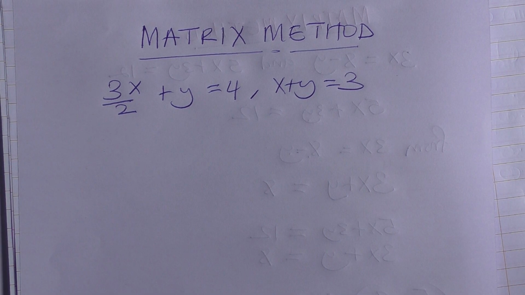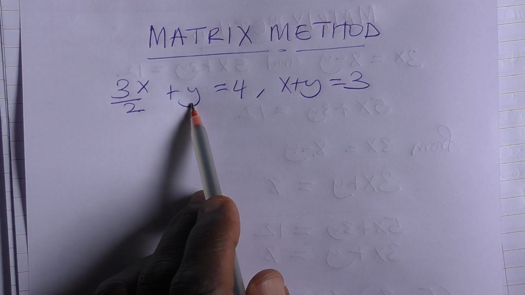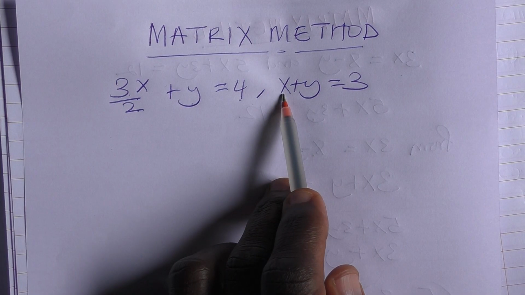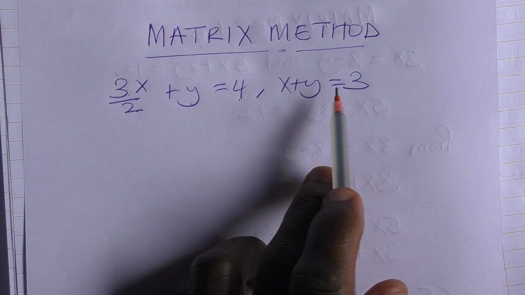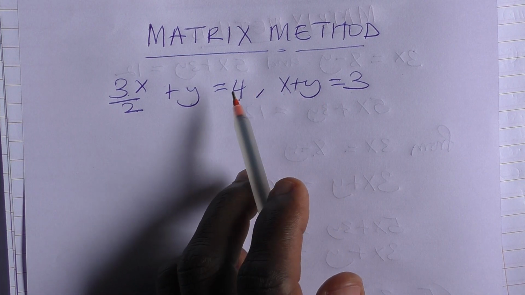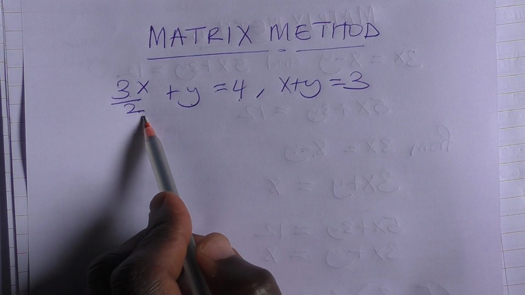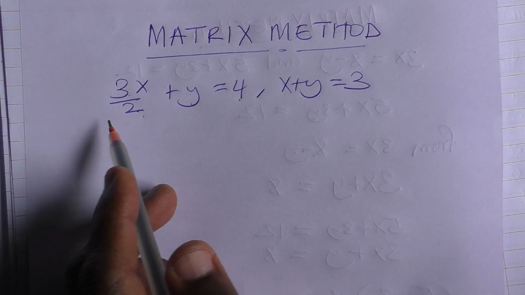You're most welcome. So we have 3x over 2 plus y equaling 4 and x plus y equaling 3. Before we go any further, we must eliminate this fraction first so that we simplify our solution.